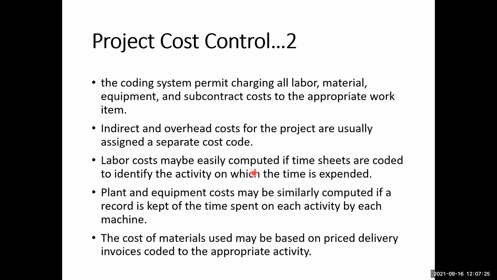Labor costs may be easily computed if time sheets are coded to identify the activity on which the time is expended. So this is one of the very direct approaches. If we want to identify where the labor cost was spent, we must identify it with the help of the time sheets, which should also show the activity numbers, which will identify the activity on which the cost was spent.